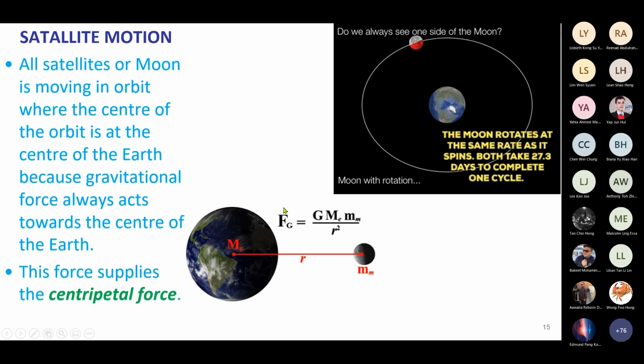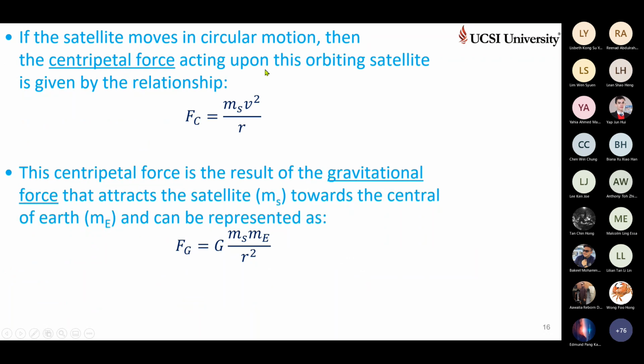If you want to calculate the force of attraction or force of gravity between two objects or particles, you can make use of this formula, which is G times M e times m over r square, with r the center to center distance between the bodies. If the satellite moves in circular motion, then the centripetal force acting upon this orbiting satellite is given by this one, right?